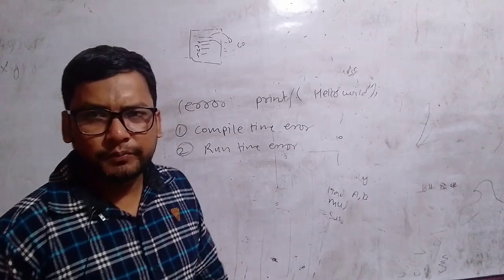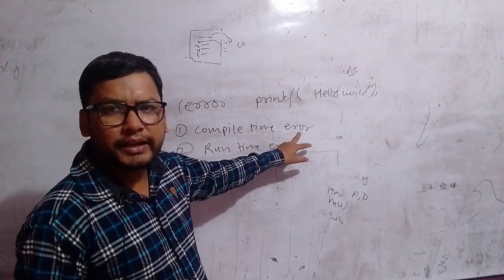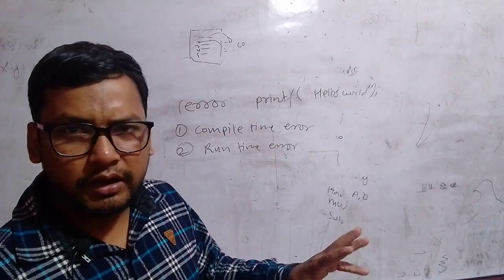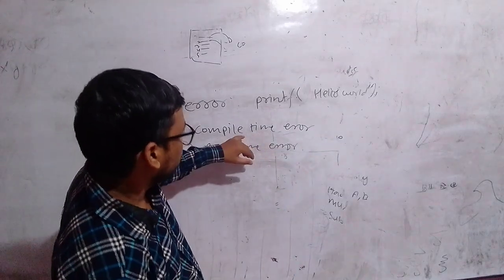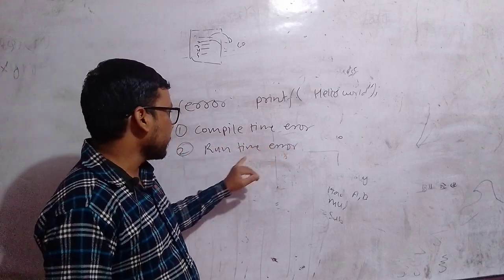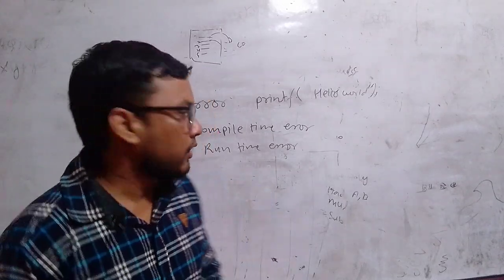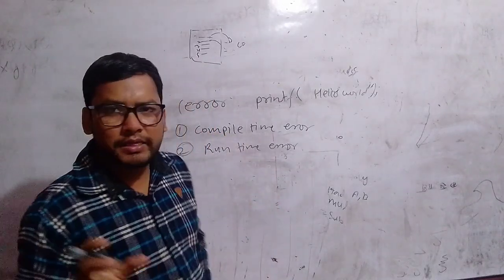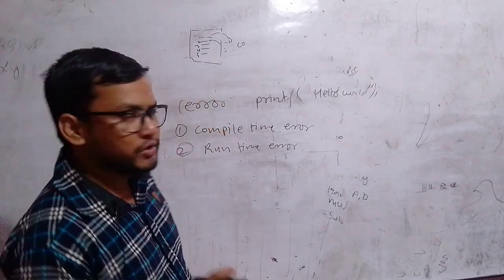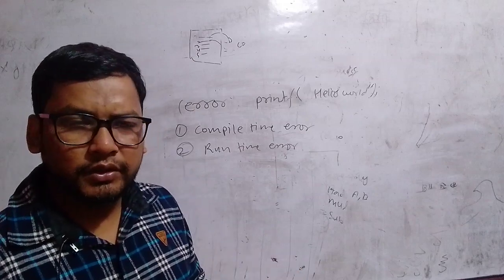Compile time errors are syntactical errors, where the instructions are not grammatically correct; the compiler can detect these types of error while compiling. Now another one is the runtime error. A compiler compiles the source code, converts it into the object code and executes the object code.